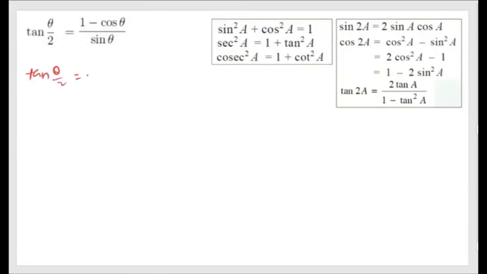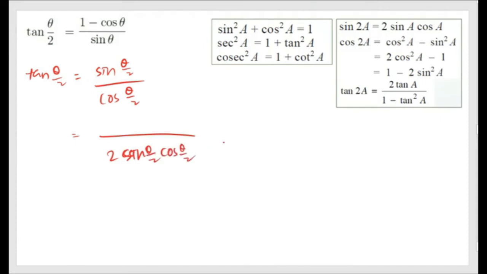Tangent theta over 2, the first step still the same, equal to sine theta over 2 over cos theta over 2. Then after this, we want to change the bottom to become 2 sine theta over 2 cos theta over 2, so that the bottom becomes sine theta later. Okay, the first one.